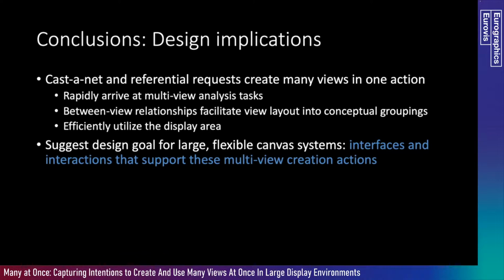And by doing so, participants were able to rapidly arrive at multi-view analysis tasks that spanned the display area. The between-view relationships that these actions produced had the capacity to facilitate view layout into conceptual groupings. And this together efficiently utilized the large display area.